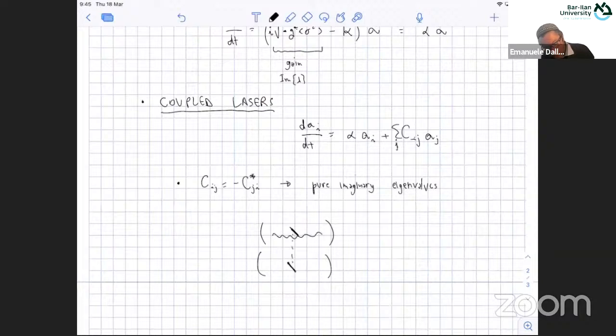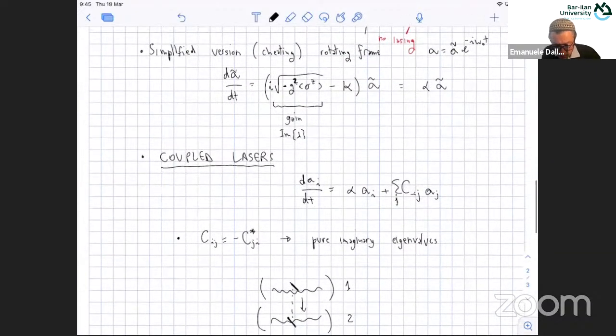If you put photons in cavity one, the photons can move to cavity two and vice versa. So this is the pure imaginary coupling.